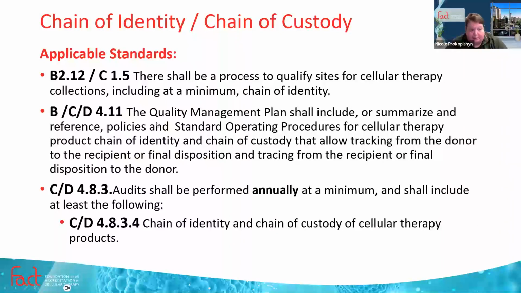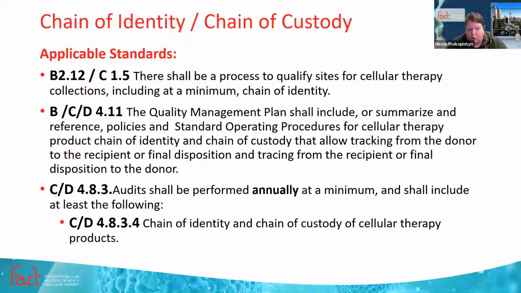There are several applicable standards on these in all of the sections B, C, and D. So really a lot of the key things is ensuring that, when you're collecting the products or preparing, the processing is done at qualified sites for collections. They need to have chain of identity in place.